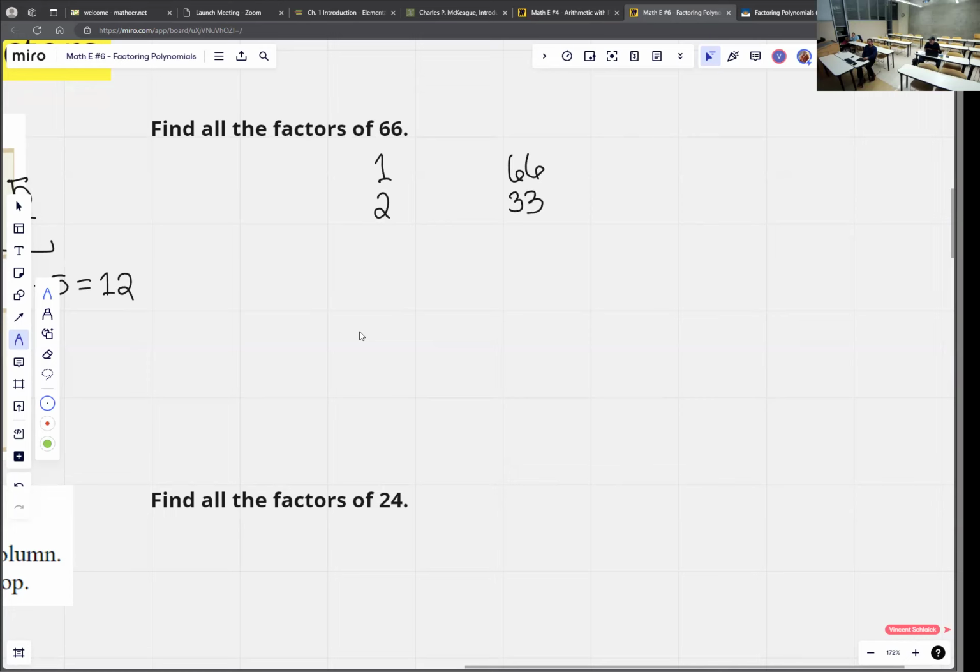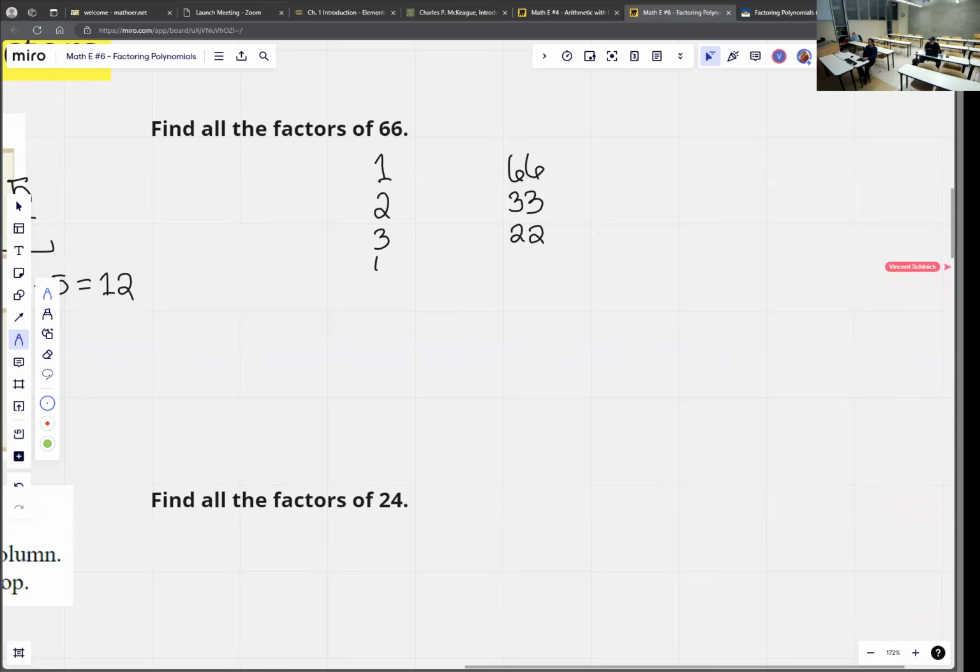And if Vincent, Kayla, or Victoria want to type in chat instead of talk, I'm going to open the chat. But we can just talk too. We're all here. Okay. Does 3 work as a factor? Yep, 3 times, whoops, not 11, 22.